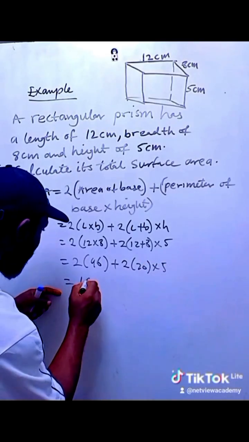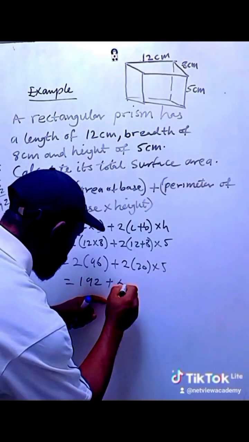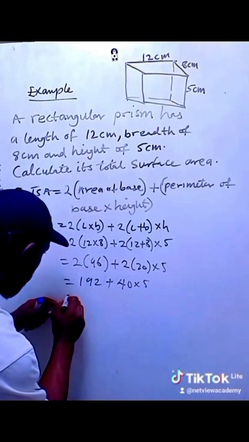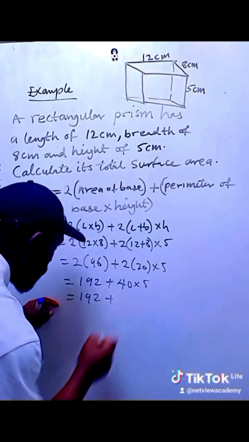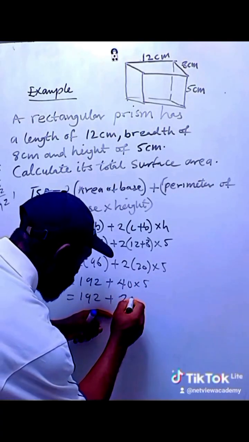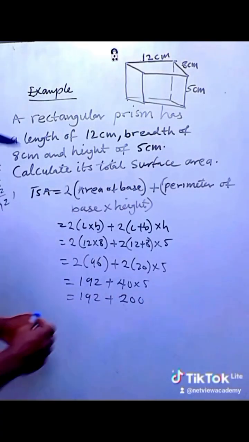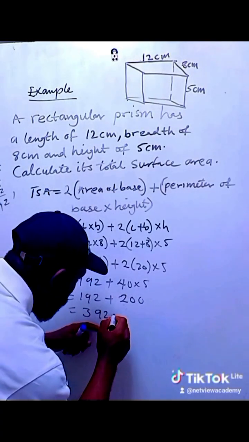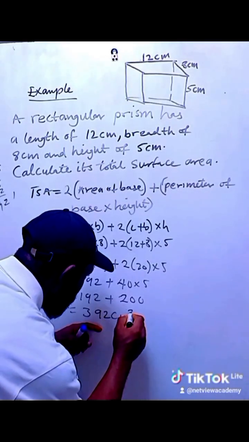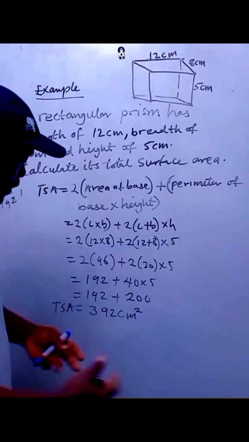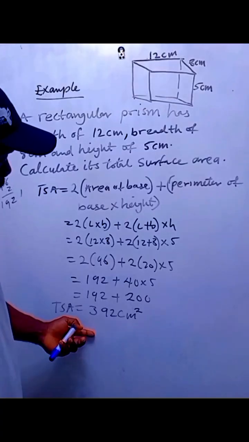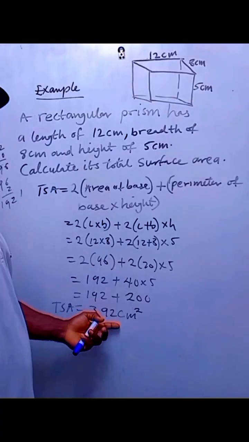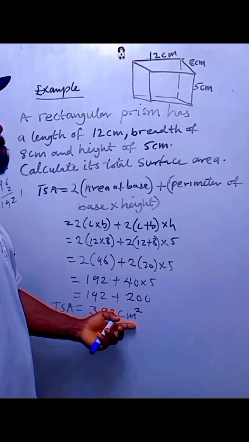This is 192 plus 40 multiplied by 5, which is 192 plus 200, which is equal to 392 centimeters squared. The total surface area of the rectangular prism is 392 square centimeters.